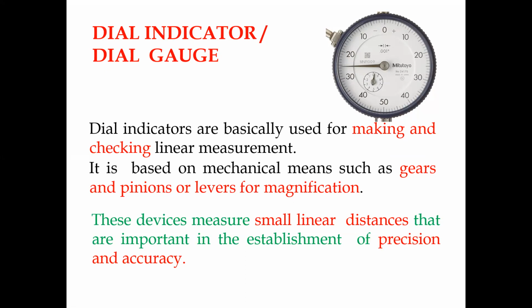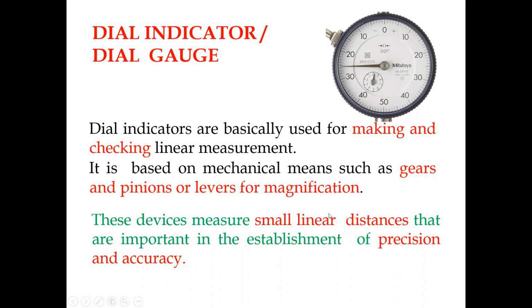We'll discuss later what the major dial is and what the smaller dial is. Now, what is meant by dial indicators, first of all? Dial indicators are basically used for making and checking linear measurements. Simply, it is a linear measuring instrument. It can be used for measuring the length or setting the length.